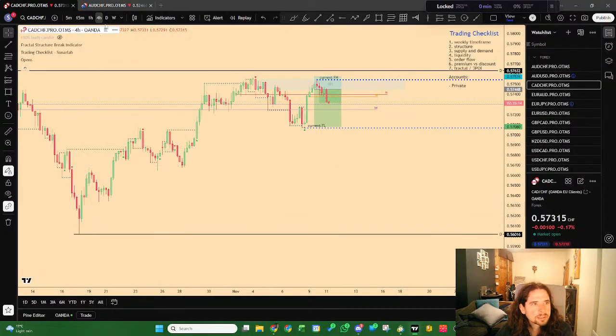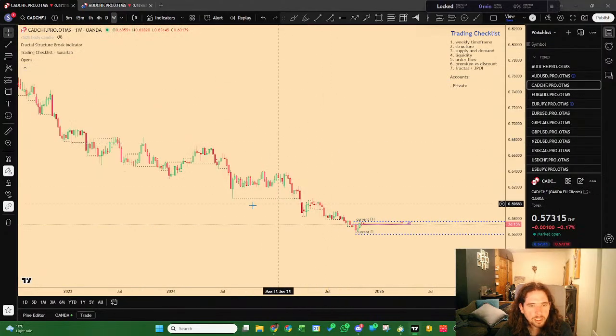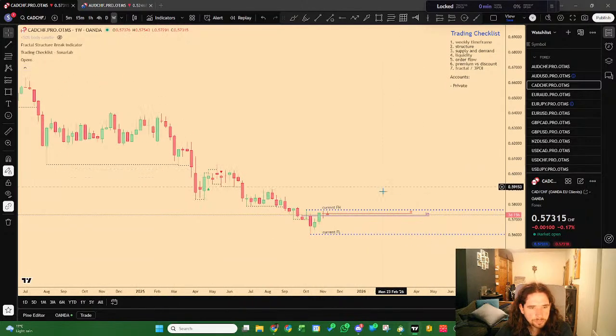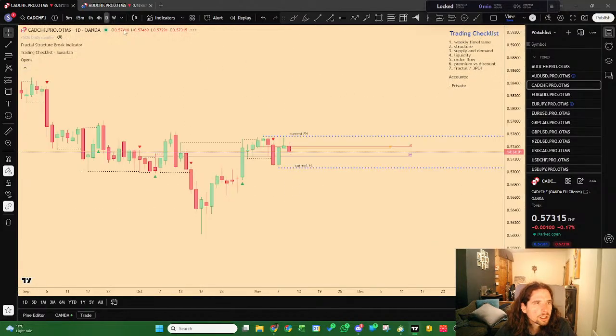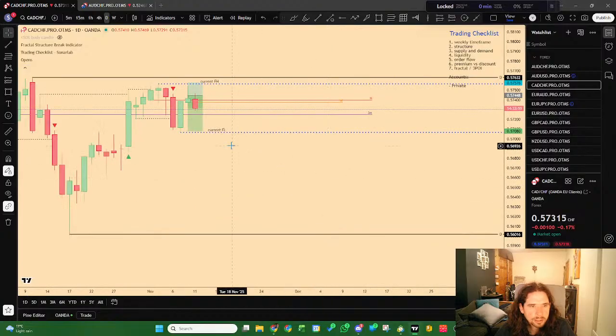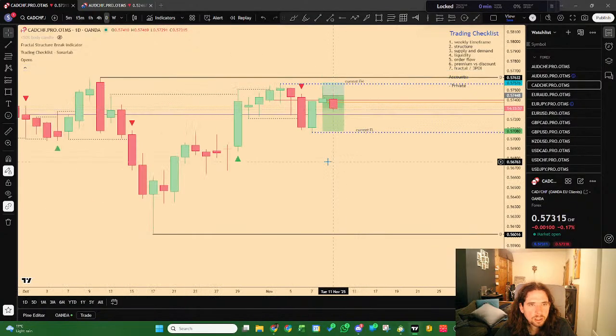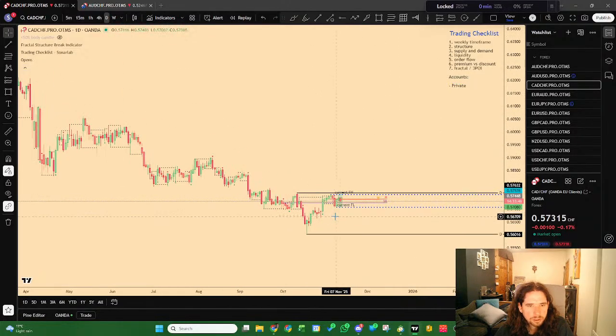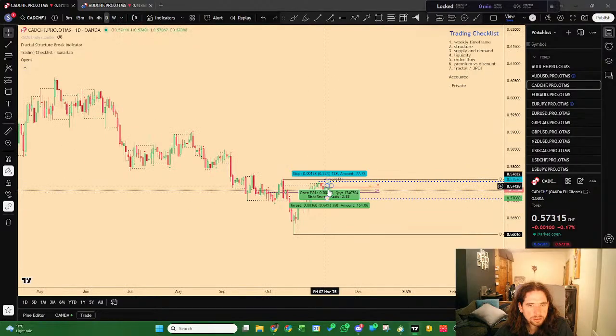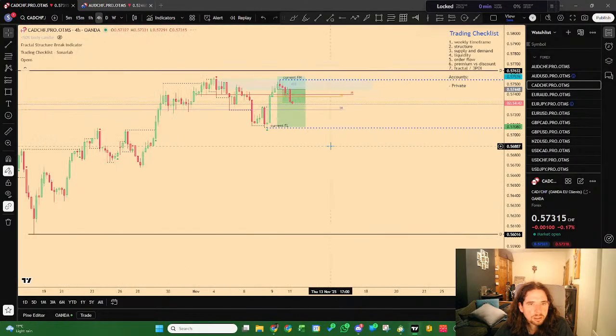Okay, so CAD CHF. Again, we're bearish. There might be a little change there. I was in CAD CHF. Unfortunately, I got stopped out by the overnight spread. So that's a bit of a bummer, especially because it's still going in my direction.